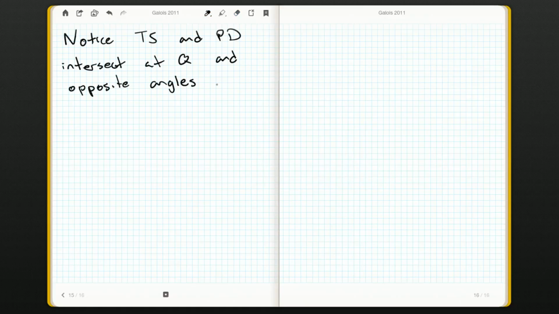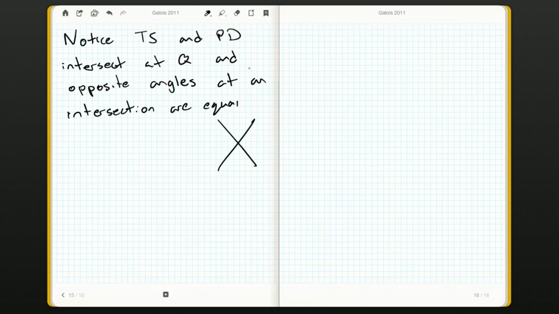And opposite angles at an intersection are always equal. So if I have any two lines and they intersect, these two are going to be the same, and these two are going to be the same. That's true of any line intersection. So that tells me that PQT is going to have to be equal to DQS.